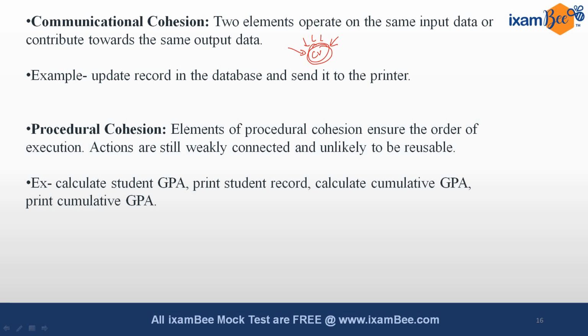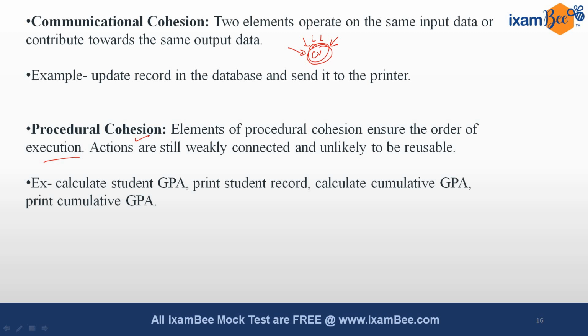Okay. After that, we have the procedural cohesion. In procedural cohesion, the elements ensure that the order of execution is followed. If we want a particular order, not essentially sequential, because that is itself a different type of cohesion, and we want to follow a particular procedure, then we have to define the rules and regulations to be followed for the order of execution.